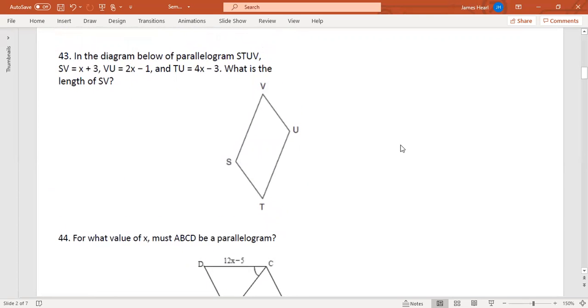For 43, we're given another parallelogram here. We're told S to V is x plus 3, V to U is 2x minus 1, and T to U is 4x minus 3. You're asked to figure out the length of SV. Well, let's use the property of a parallelogram. The sides that are across from each other have to be the same length.